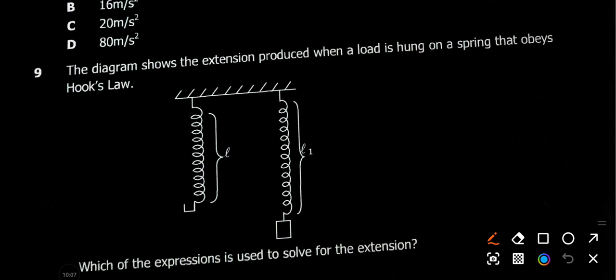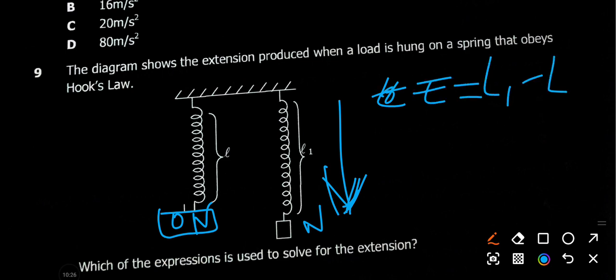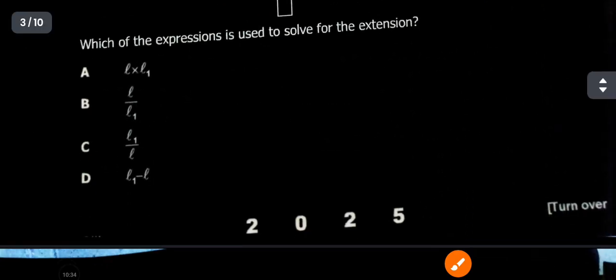So in this case, if we had no force applied on this body, and after we applied a certain force the body extended, we can simply calculate the extension e as being equal to l1 minus l0. So that's the formula of calculating extension. Right, this is corresponding to option D.